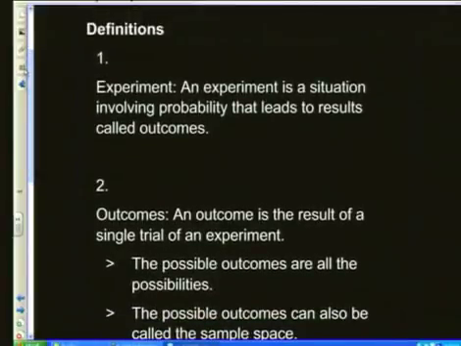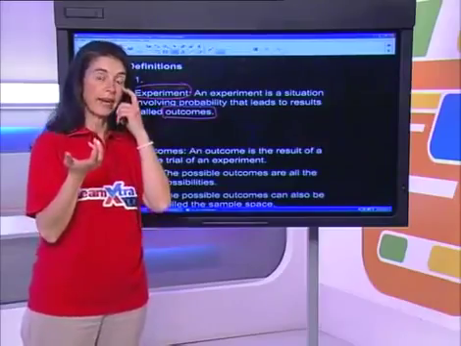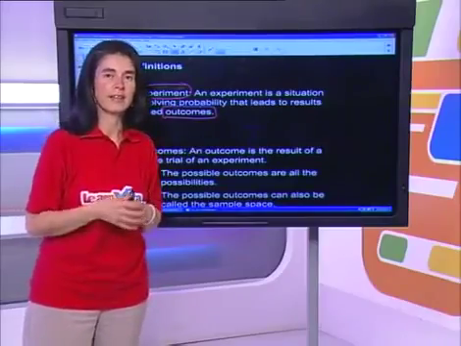The first definition that you will see around probability is the word experiment. We often talk about an experiment, and that is a situation that will involve probability that leads to results, and the results are called outcomes. So every time, for example, you throw a coin and you get a head, that would be known as an outcome.